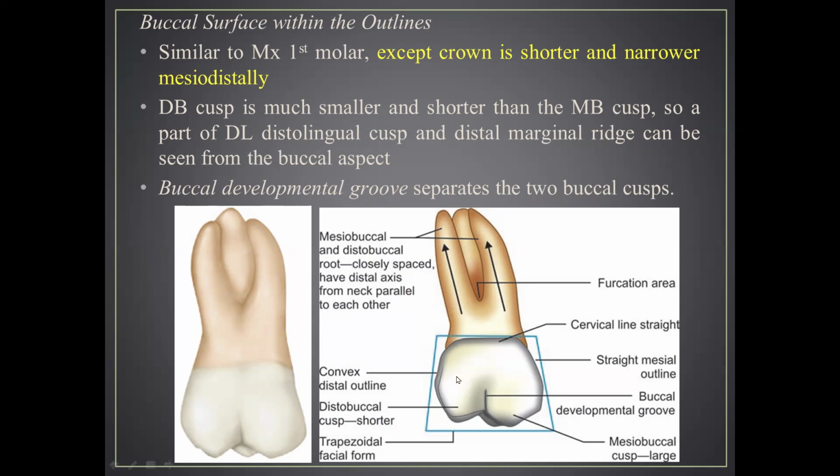Your distobuccal cusp is much smaller and shorter than the mesiobuccal cusp, so a part of your distolingual cusp and the distal marginal ridge can also be seen from the buccal aspect, the same as for your maxillary first molar. Your maxillary second molar also has a buccal developmental groove which separates your two buccal cusps, similar to that of your maxillary first molar.